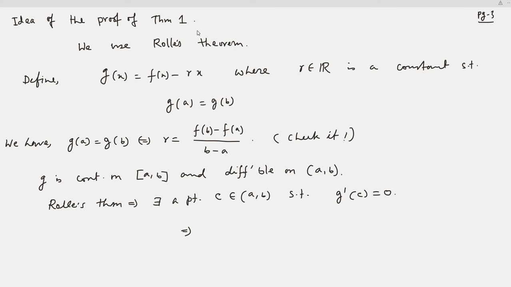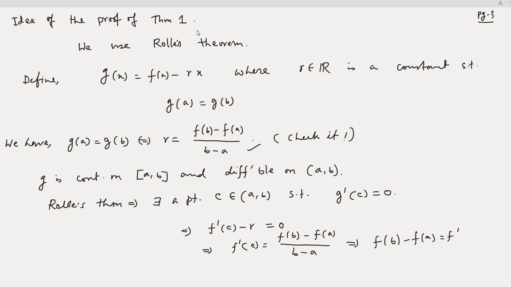What is g prime of c? g prime of c equals f prime of c minus r, which is equal to 0. This implies f prime of c equals r, and the value of r is f of b minus f of a over b minus a. So f of b minus f of a equals f prime of c times b minus a, which is equation number 1.